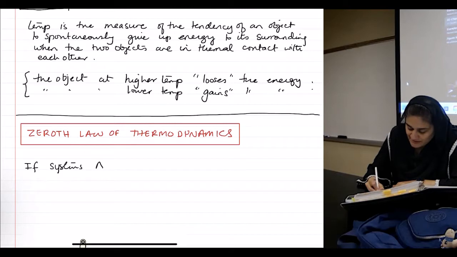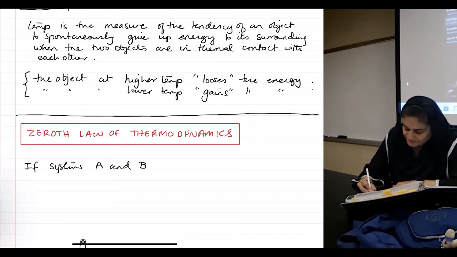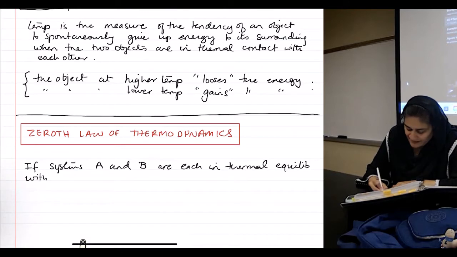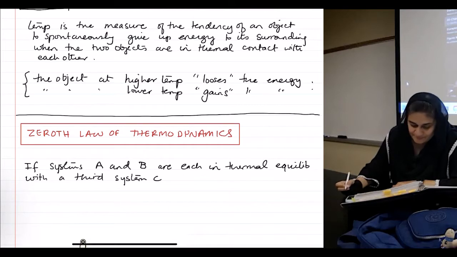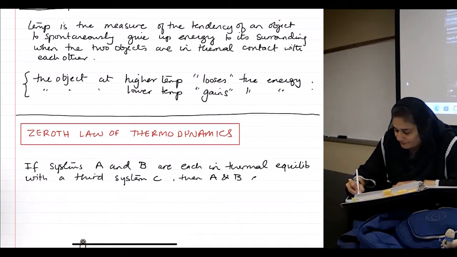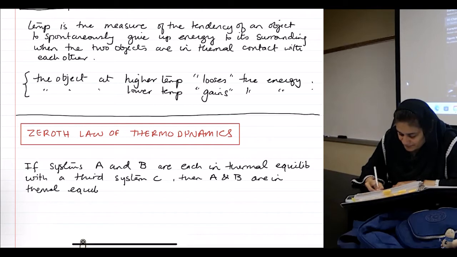systems A and B are each in thermal equilibrium with a third system C, then A and B are in thermal equilibrium with each other.